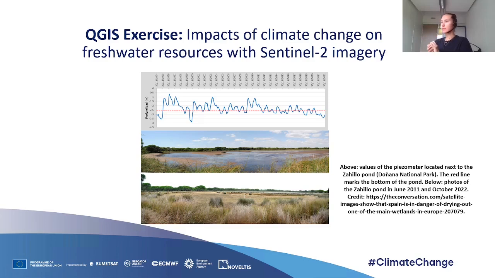On this slide, particularly on the graph in the image above, you see the values of a piezometer located next to the Zahillo pond in this park. The red line marks the bottom of the pond. Here you can see the dates from 1994 to 2022.